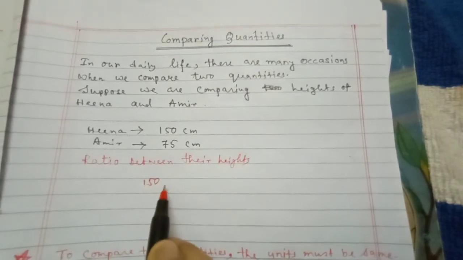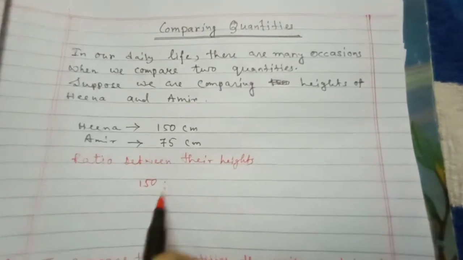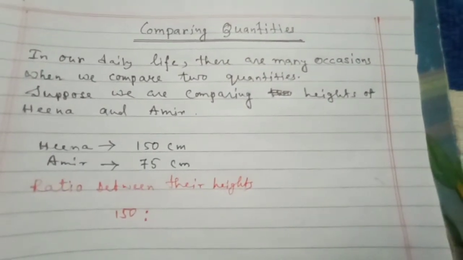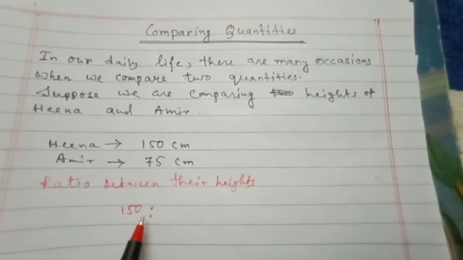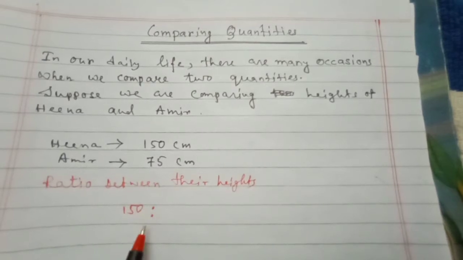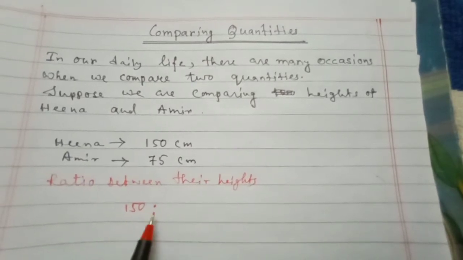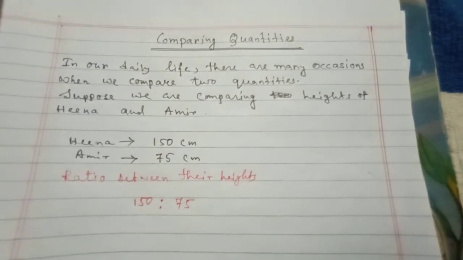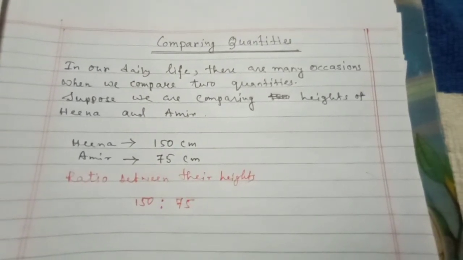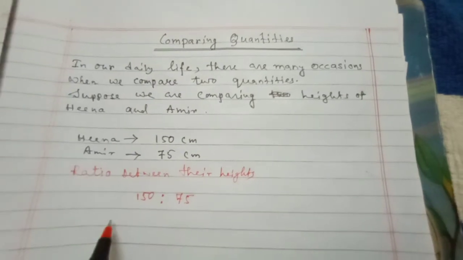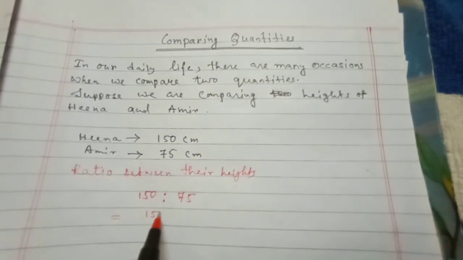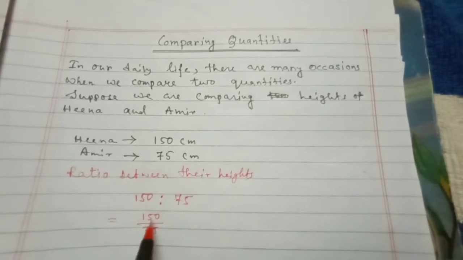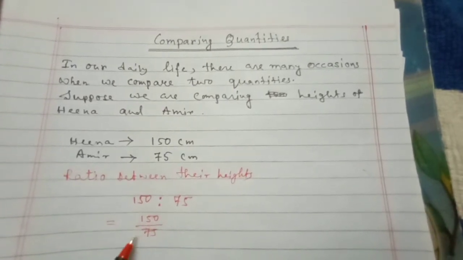The symbol of ratio is this, and you have to read it as "is to". 150 is to 75. Or what you can do, 150 by 75. This sign means you can write in this way also. This is also a ratio symbol.